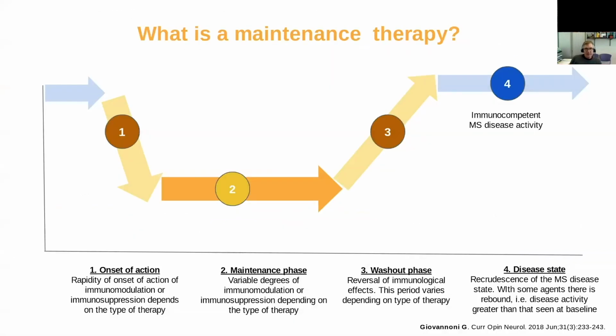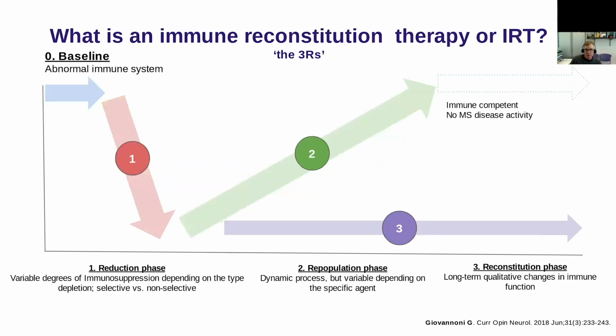So a maintenance therapy, by definition, is reversible. In other words, when you stop the treatment, your immune system comes back to what it was, and MS doesn't go away. Presumably the mechanisms that are driving MS reoccur. Whereas an immune reconstitution therapy depletes the immune system and allows the immune system to reconstitute itself. So when it's back, it's competent.